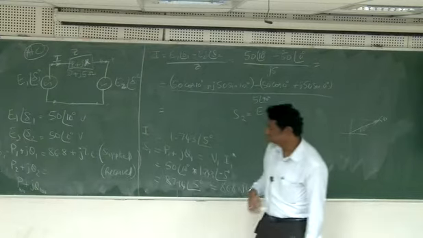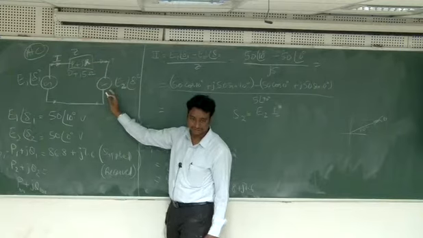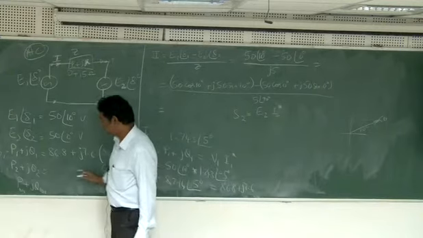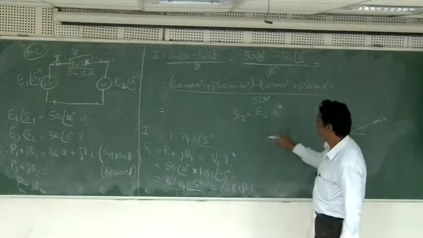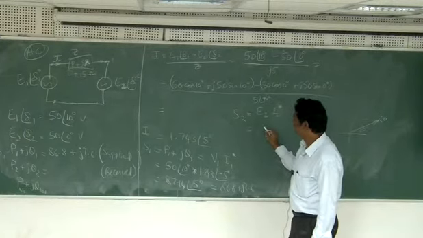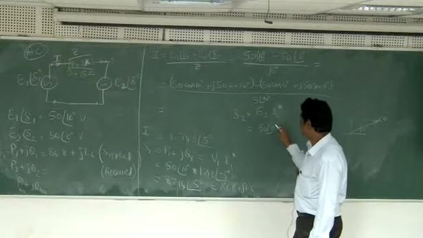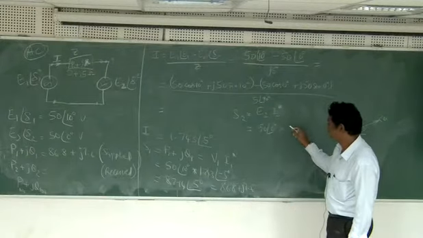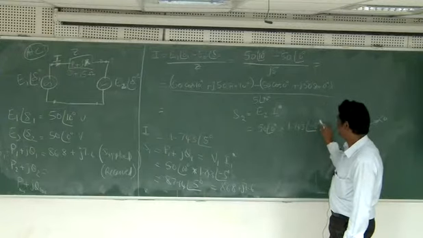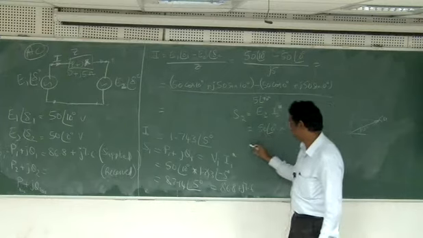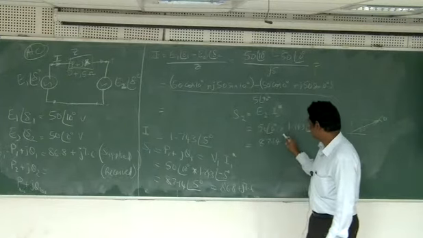The power is received at the receiving end. But then we'll see what values we get here. What is E2 into I2? 50 angle 0 degrees multiplied by 1.743 angle minus 5 degrees. How much is this? 87.14 angle minus 5 degrees.